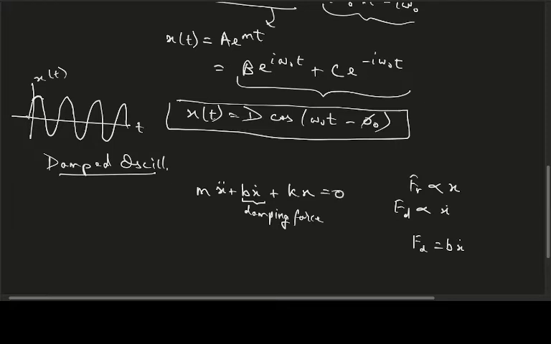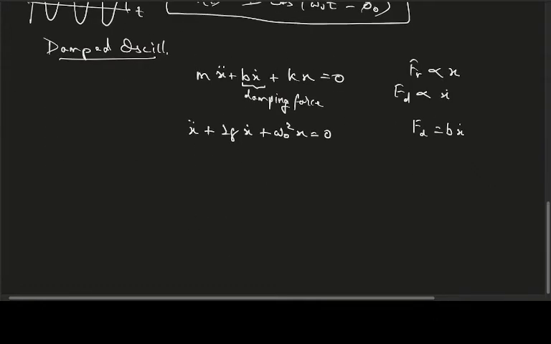So when you solve this, you move out the m, so you take some 2 gamma as b by m. I'm telling you why I'm taking this as 2 gamma. k by m is omega naught squared, pretty familiar from early on. So here b by m is equal to 2 gamma. Soon you will know why I'm taking this 2 gamma. You can take this as any constant, alpha, beta, gamma, 2 gamma, 3 gamma, anything.